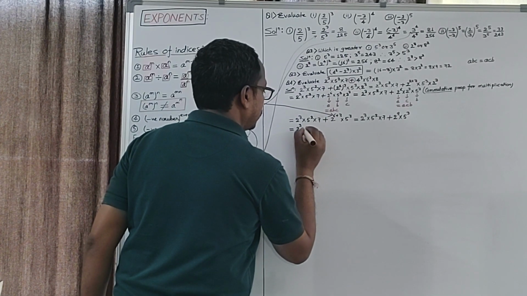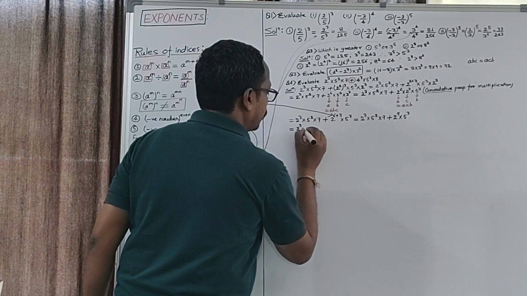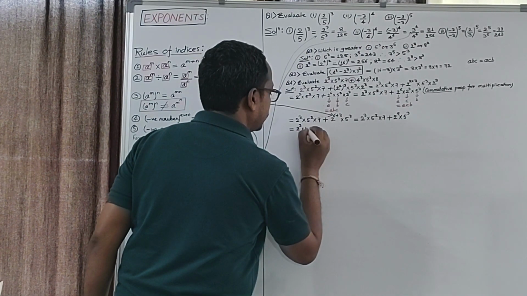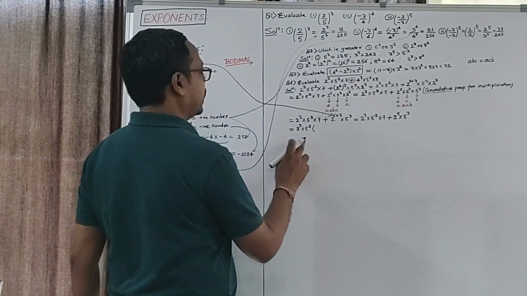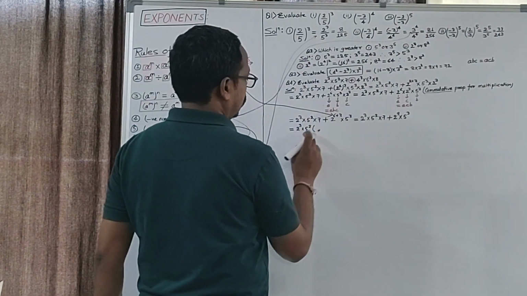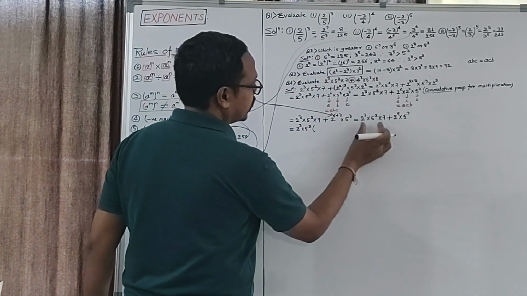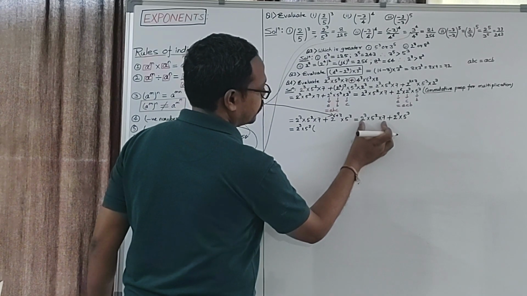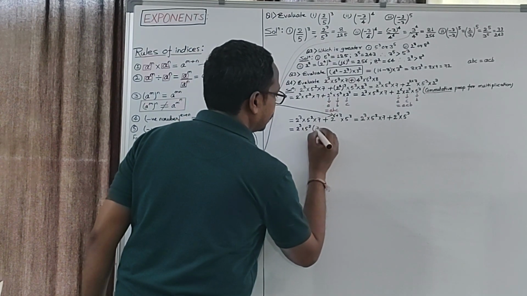2 cube into 5 square. So as per the distributive law, what will you write here? With which number do you multiply this particular expression so that you get this term? You can multiply it by simply 7.